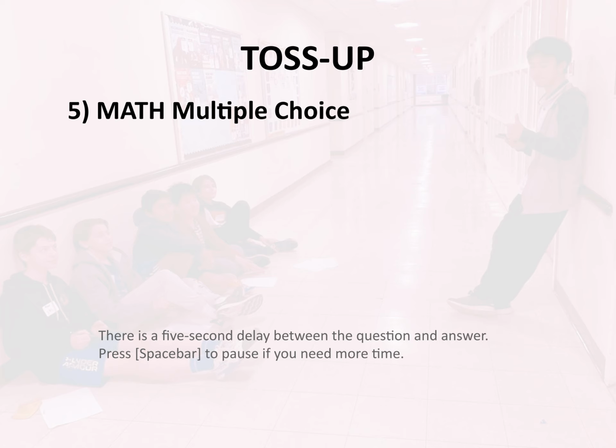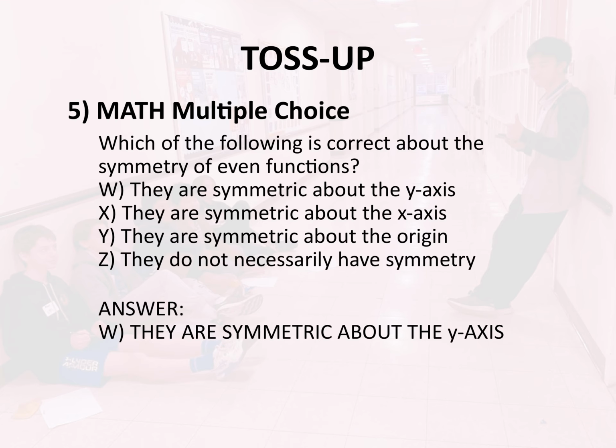Y. They are symmetric about the origin. Z. They do not necessarily have symmetry. Answer: W. They are symmetric about the y-axis.